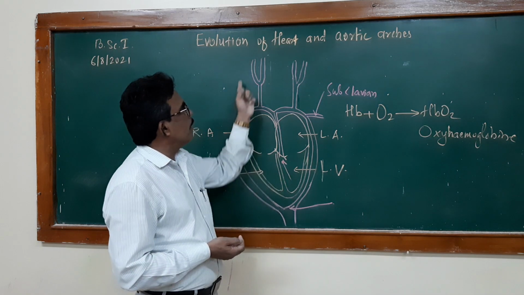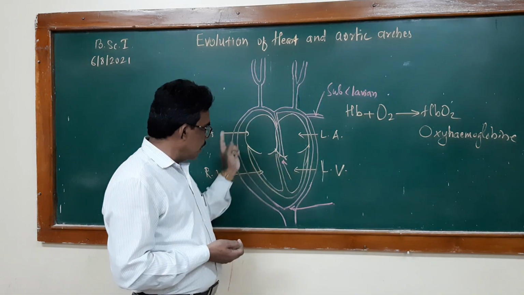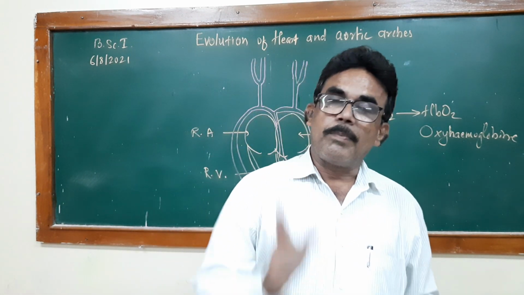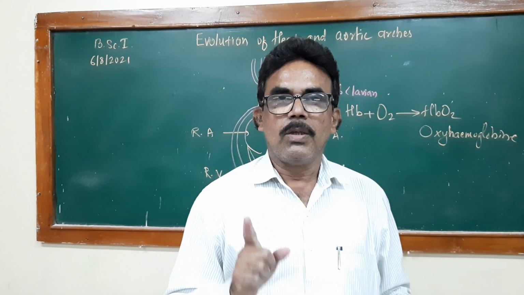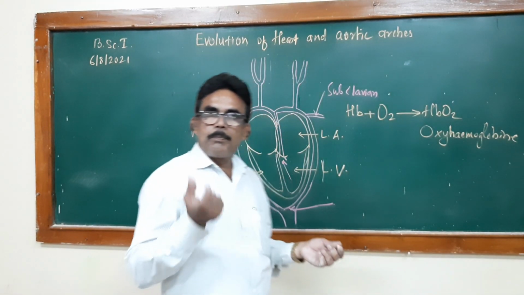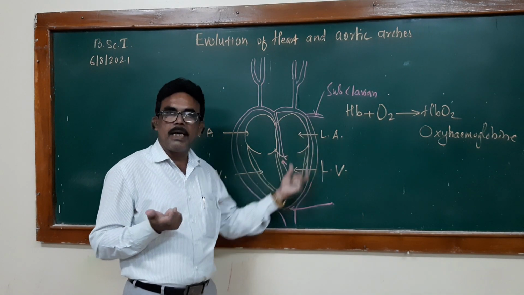Likewise there are several branches of the dorsal aorta, which mainly supply pure blood to each and every part of the body. Why is pure blood supplied to the different body parts?